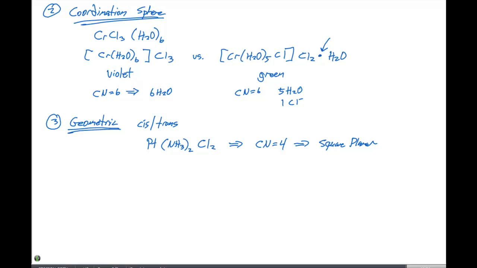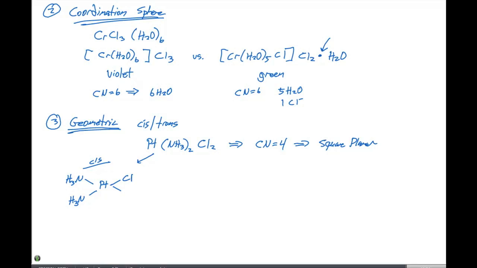If we draw out the cis isomer, it's going to be Pt, and the square planar is simply a coordination number of 4 all in the plane of the board. The NH3s, if they're in the cis configuration, are going to be on the same side, on adjacent vertices.